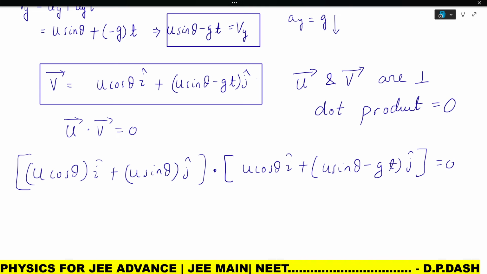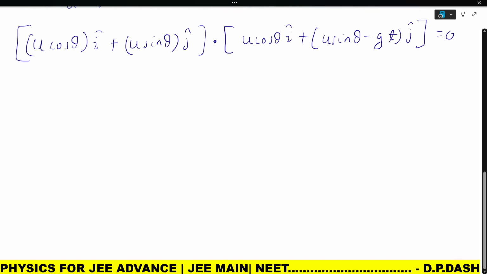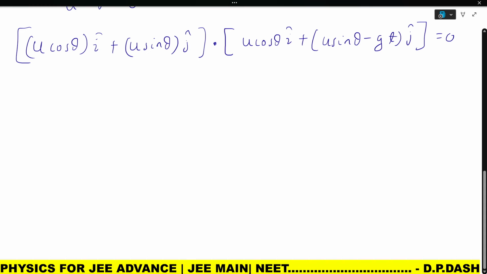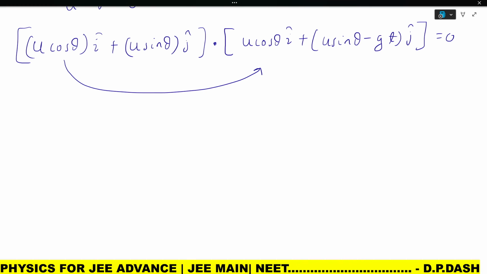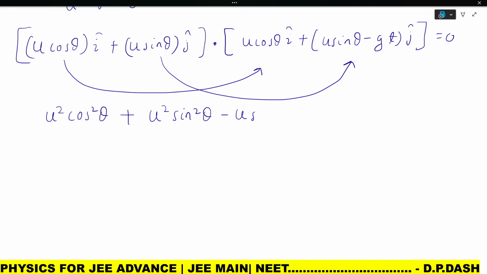Now we have to perform this dot product. When you do this dot product, you simply multiply the i cap coefficient with the i cap coefficient and the j cap coefficient with the j cap coefficient. So here we can write u cos theta into u cos theta, that is u square cos square theta, plus u square sin square theta minus u sin theta into gt, the second component, which equals 0.